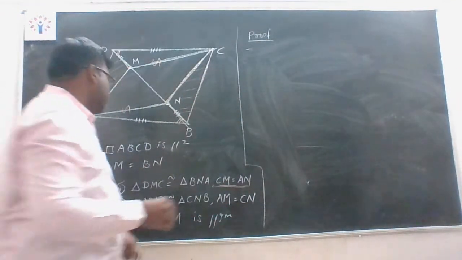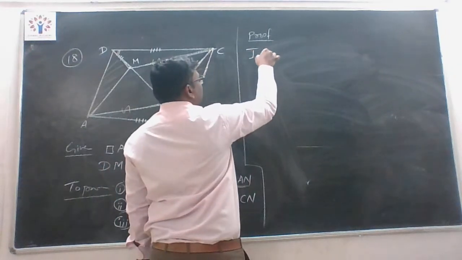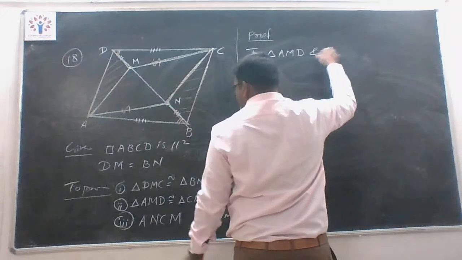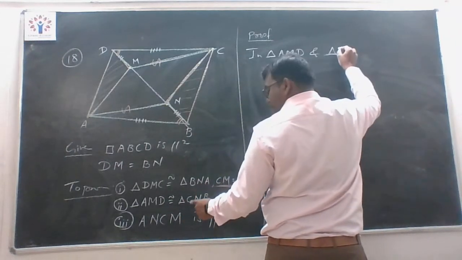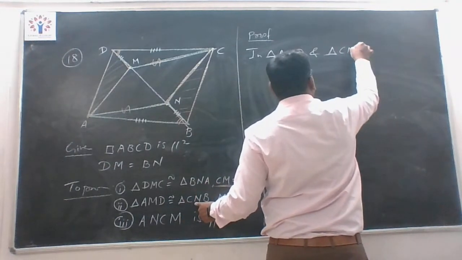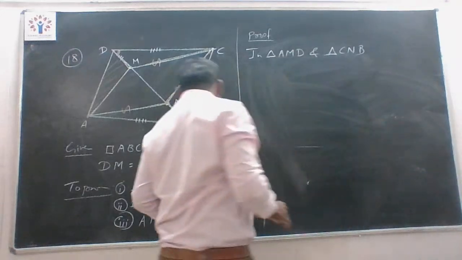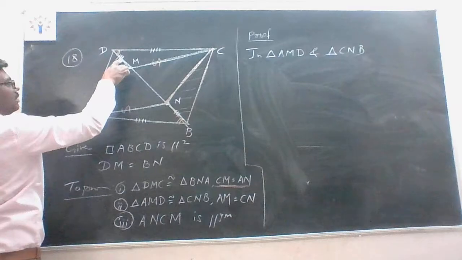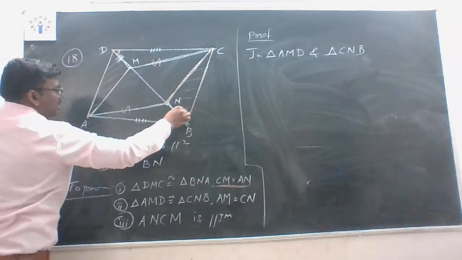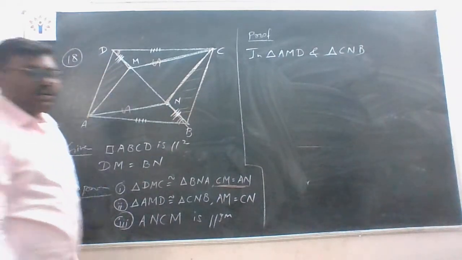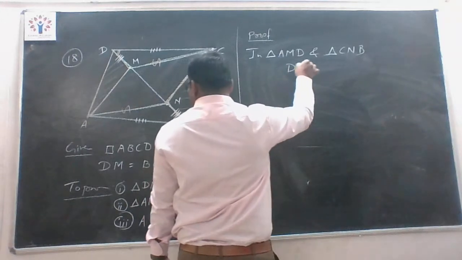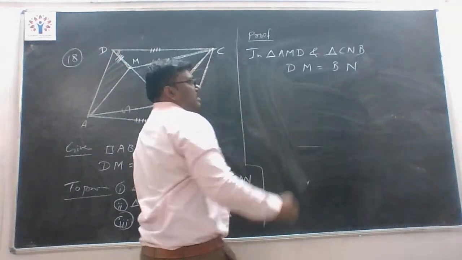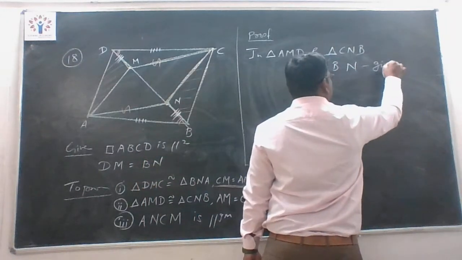In triangle AMD and triangle CNB, once again, DM is equal to BN. Given. This thing is given in the question.